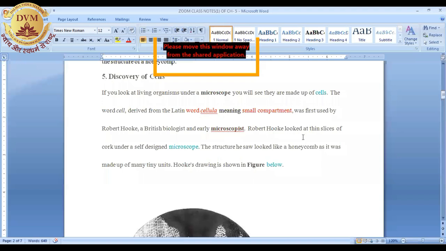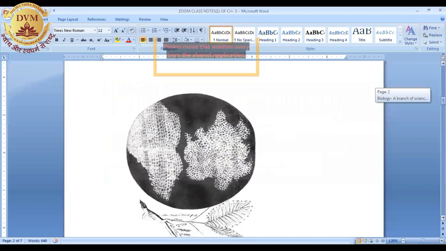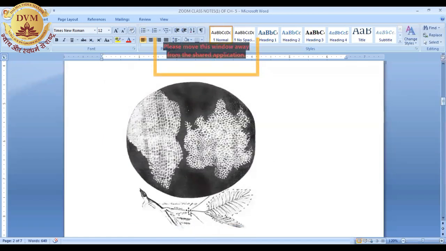Now Robert Hooke looked at a thin slice of cork, the bark of a tree, under a self-designed microscope. The structure he saw looked like a honeycomb, as shown in the figure. You can see in this figure that when you observe the cork, it appears as a combination of hexagonal chambers.